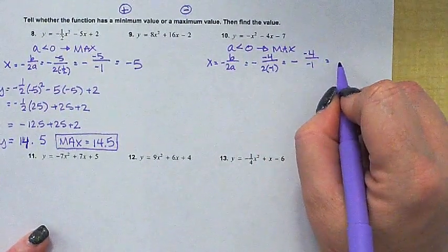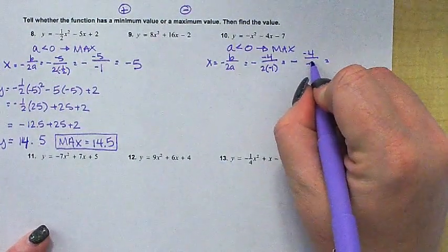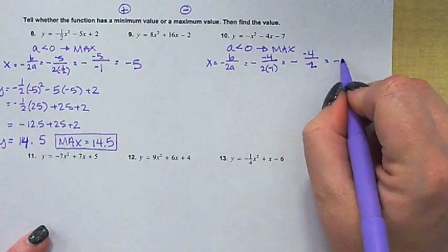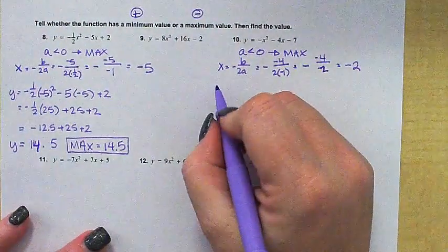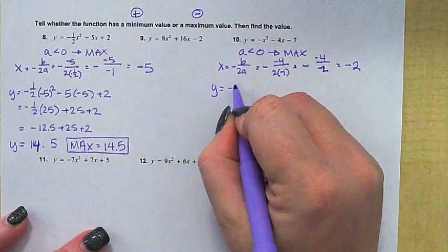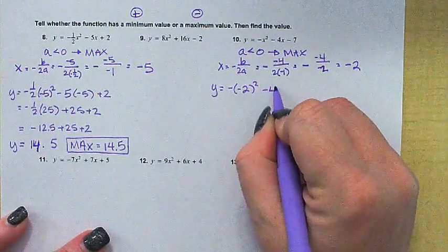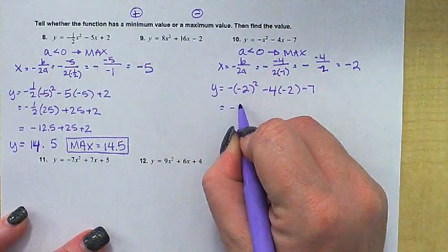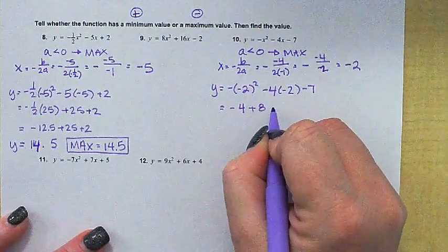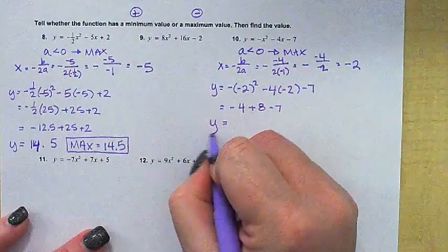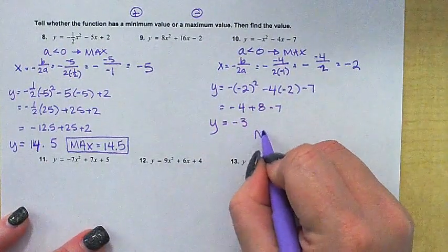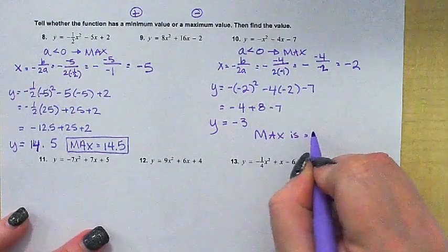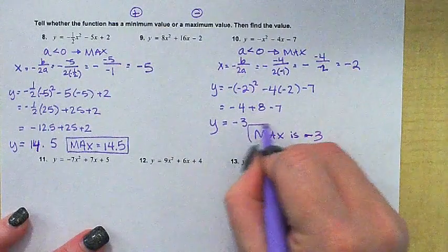Keep that negative, and I'm sorry, that's a -2. That's going to give us a 2, but we have that negative out front, so we still have a -2. Plug that back into our formula. That's going to give us -4 plus 8 minus 7. y is going to equal -3, so our max is -3.